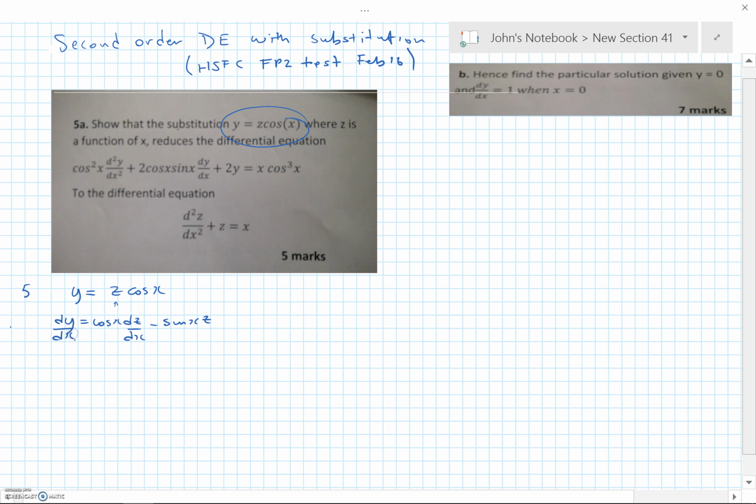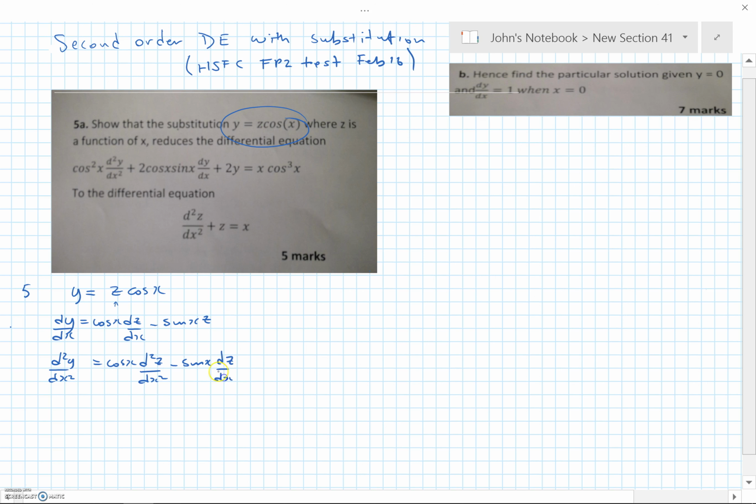Now I'm going to use the chain rule again to differentiate a second time. d2y by dx squared is equal to, differentiating the dz by dx, d2z by dx squared, times the cos x. Then differentiate the cos x, which is minus sin x, times dz by dx.